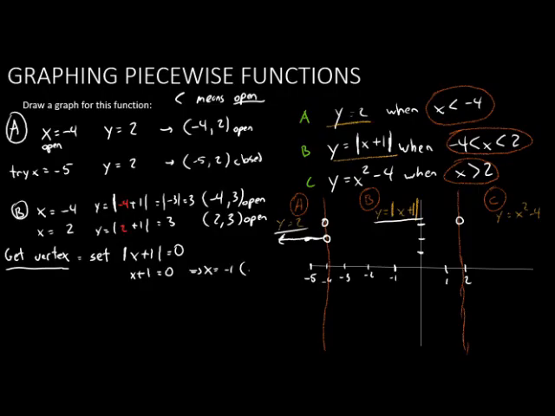Therefore, our point will be negative 1, comma 0. Since this is not on the boundary, it will definitely be closed. Now region B is complete. All that's left to graph is region C.